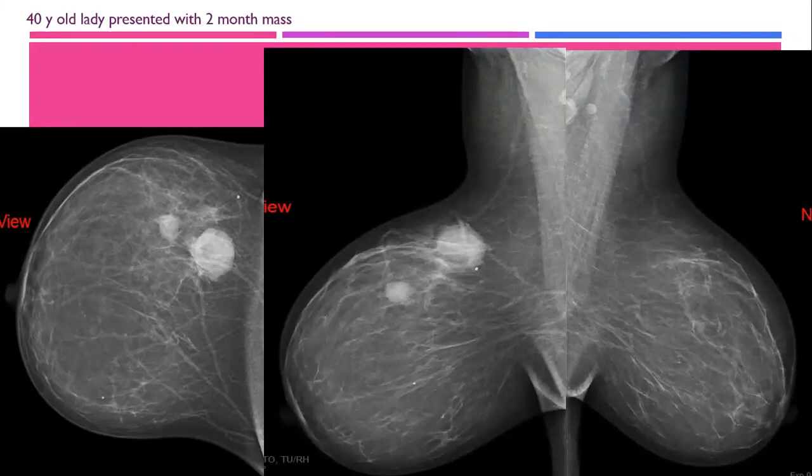Yes, this is the MLO. What is this dot? Could be the label, the marker for the site of the biopsy. Excellent, this is the BB marker. So the MLO confirms the presence of the two high density masses.